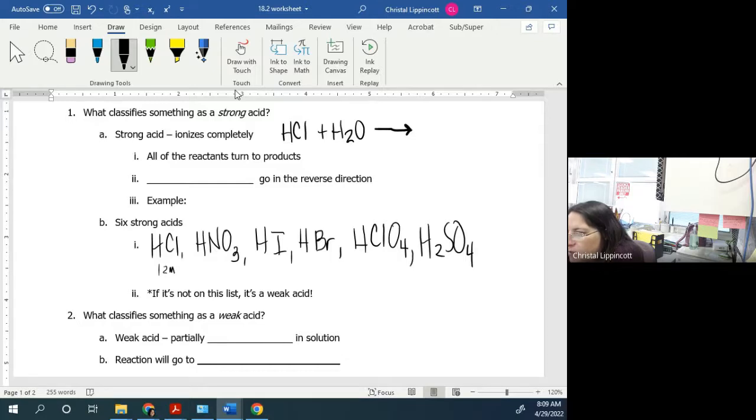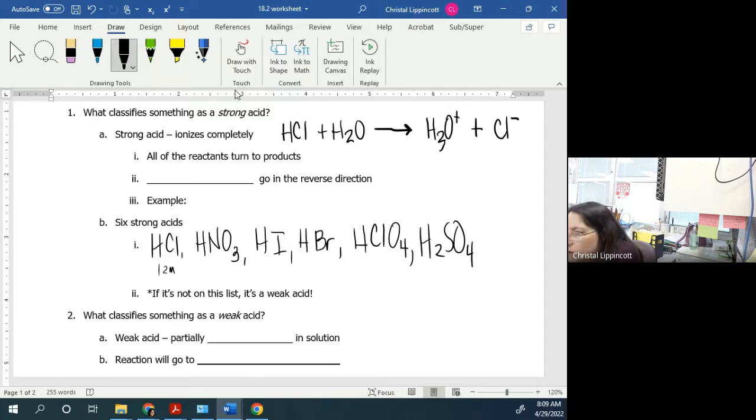That hydrogen then will go with water and form H3O+. And then what gets left behind? The Cl minus. Okay. So every bit of this falls apart into these two things.